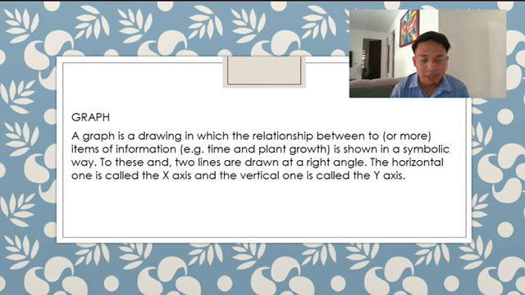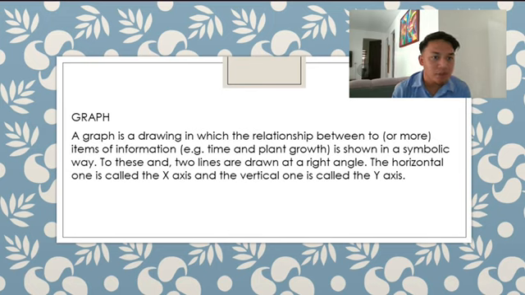The simple explanation: imagine a map with a treasure marked by an X and a pirate ship by a Y. A graph is like a treasure map for information. It uses two lines crossing at a right angle, like a plus sign. The horizontal line, called the x-axis, shows one kind of information.